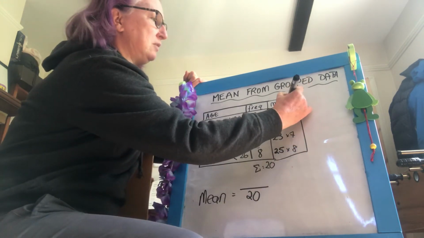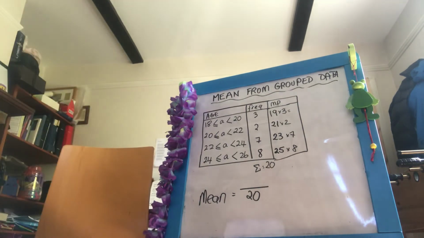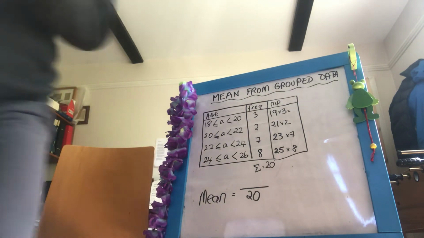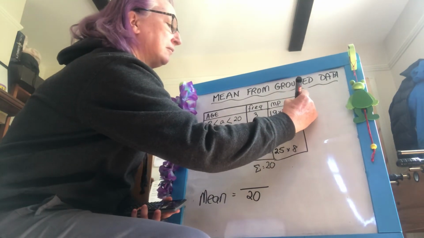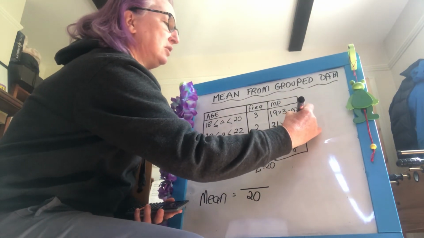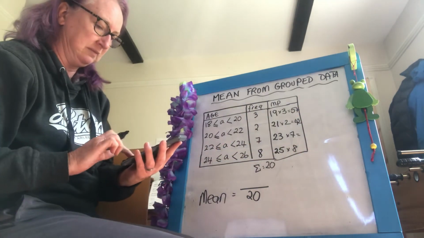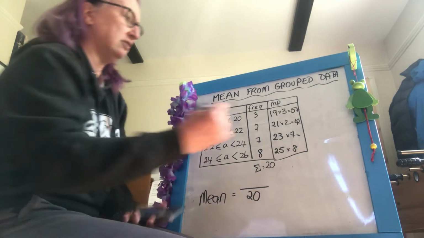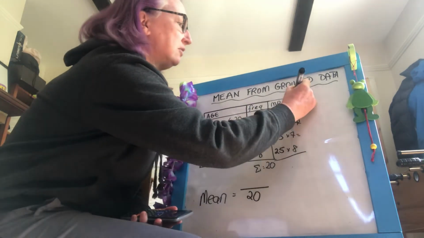So we work that out. Type it into your calculator. 19 times 3, 57. 21 times 2, 42. 23 times 7, 161.